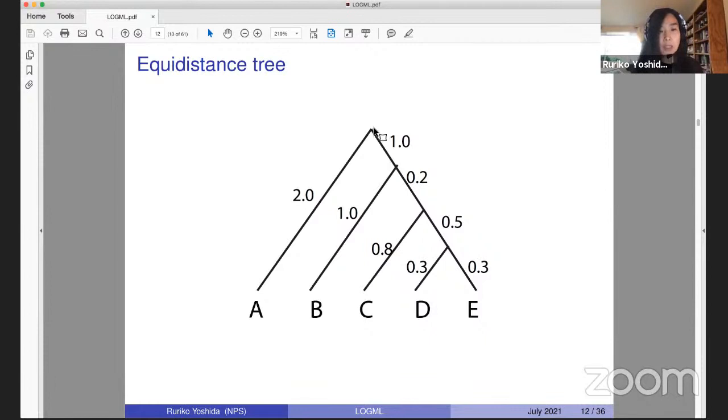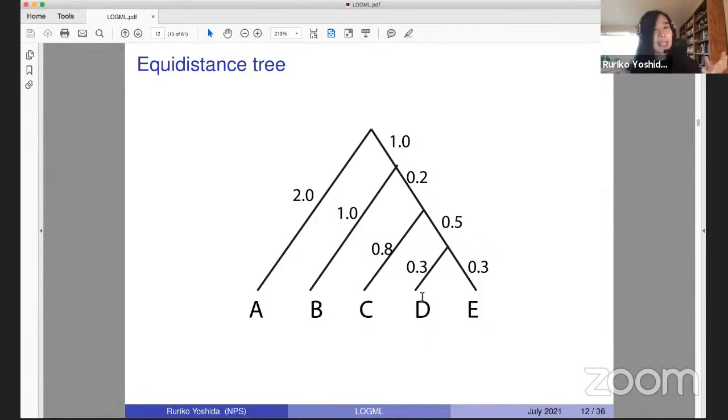For example, from the root to leaf A is 2, root to leaf B is 1 plus 1, which equals 2, and root to C is 1 plus 0.2 plus 0.8, which equals 2. In this talk, I assume that all gene trees are equidistant trees.